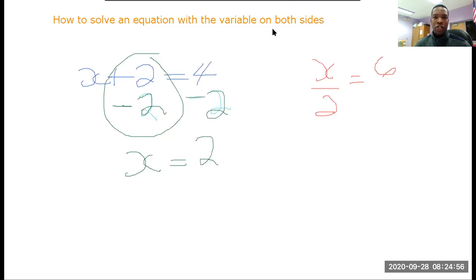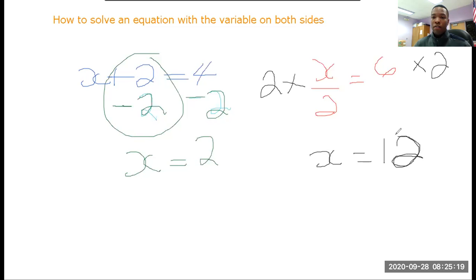Yes, I saw it in the chat. So since it's dividing by 2, I have to do the opposite. So I'm going to multiply by 2. And whatever I do on one side, I have to do on the other side. So since x was divided by 2, I have to multiply by 2 for this one. So x is equal to 12.